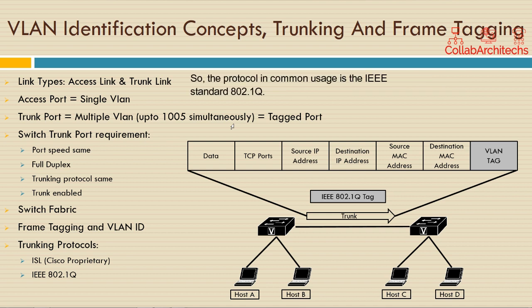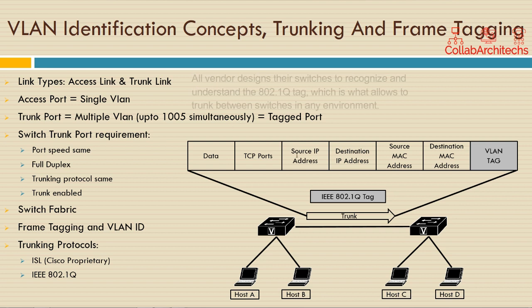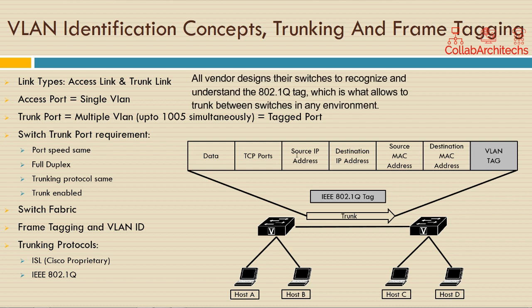So the protocol in common usage is the IEEE standard 802.1Q. All vendors design their switches to recognize and understand the 802.1Q tag, which is what allows trunking between switches in any environment.